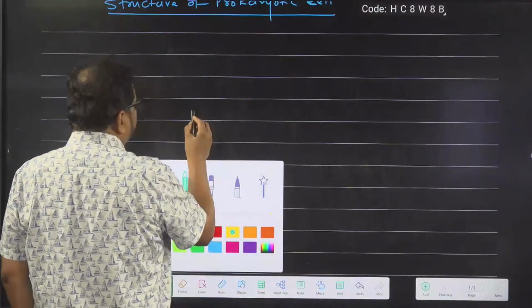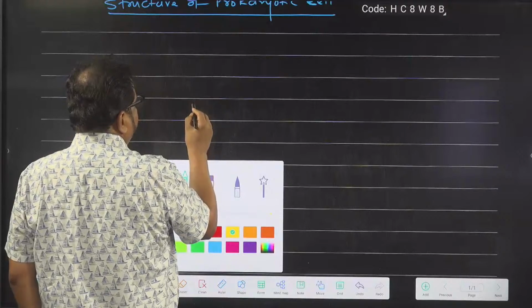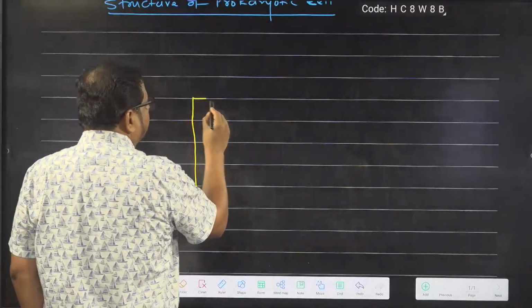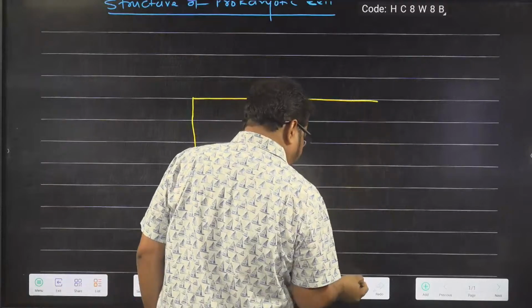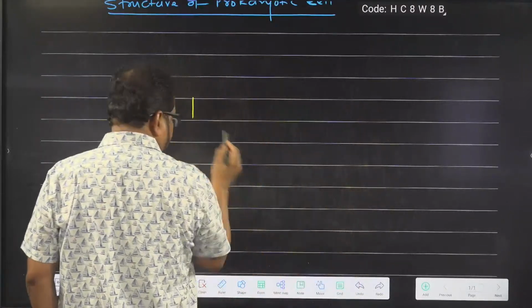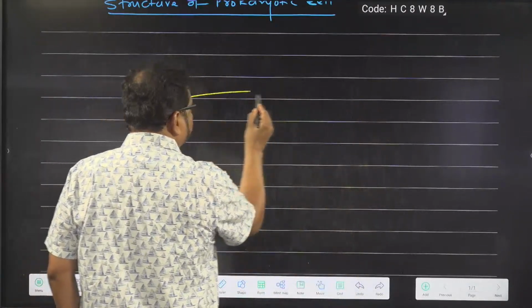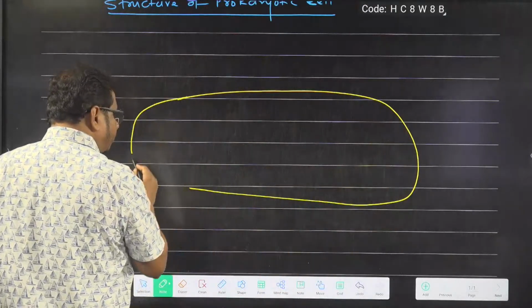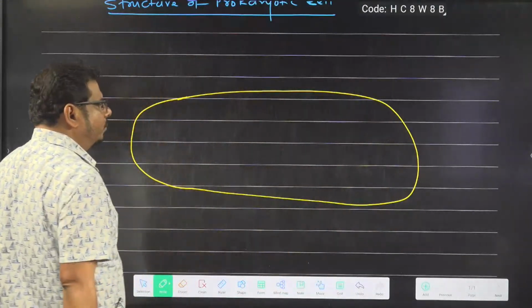So if we talk about a prokaryotic cell, I am just drawing a structure of a prokaryotic cell. Suppose that this is a prokaryotic cell.